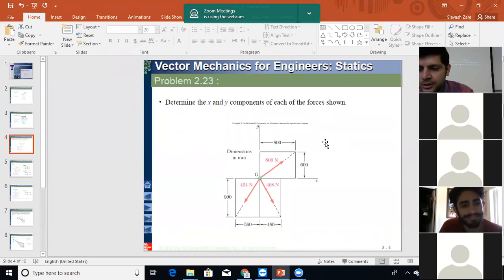So first you derive the hypotenuse. That's 1,000. The hypotenuse here is the square root of 600 squared plus 800 squared. That would be 1,000, and then you just do 800 times 600 over 1,000, and then 800 times 800 over 1,000 for f.